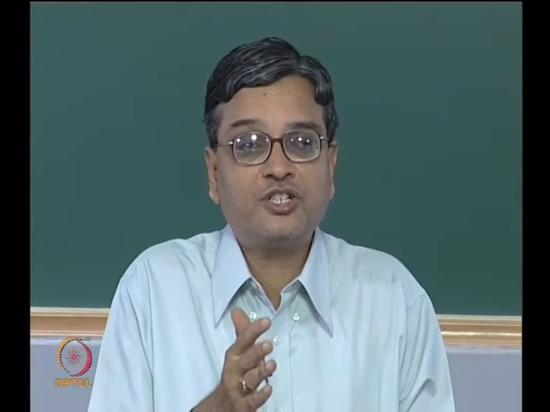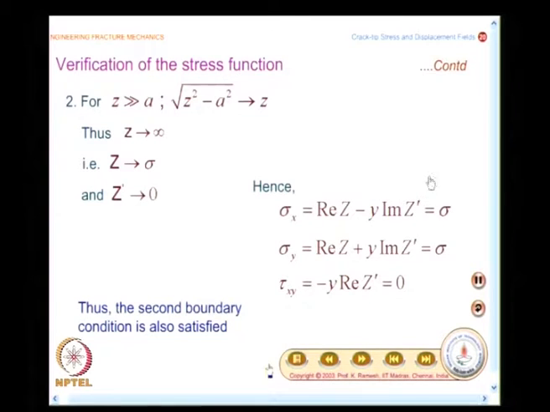It is not subjected to uniaxial tension. Your boundary condition clearly shows that you are really looking at a biaxial problem. Biaxial tension is the load that you have applied, and shear stress is obviously 0, because Z prime is 0 at infinity. And we have already looked at y equal to 0, tau xy is 0. So, all the 3 boundary conditions are satisfied.